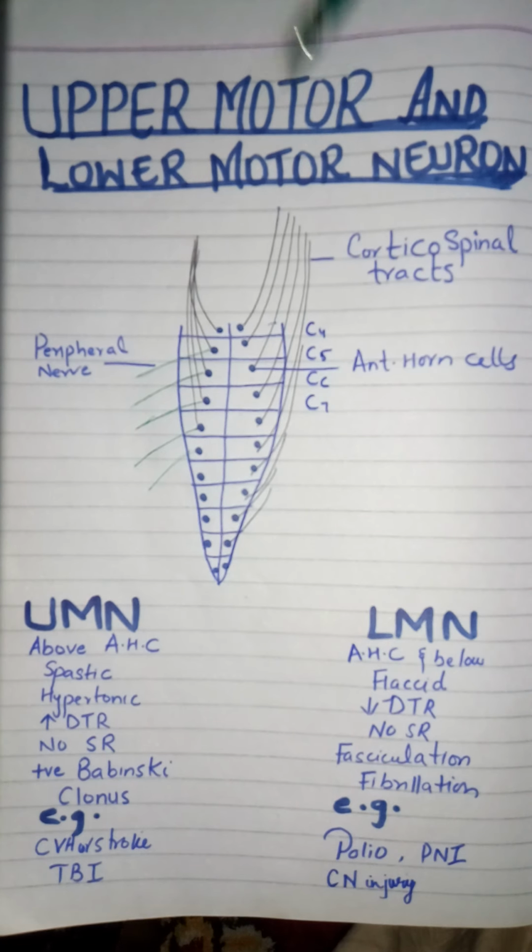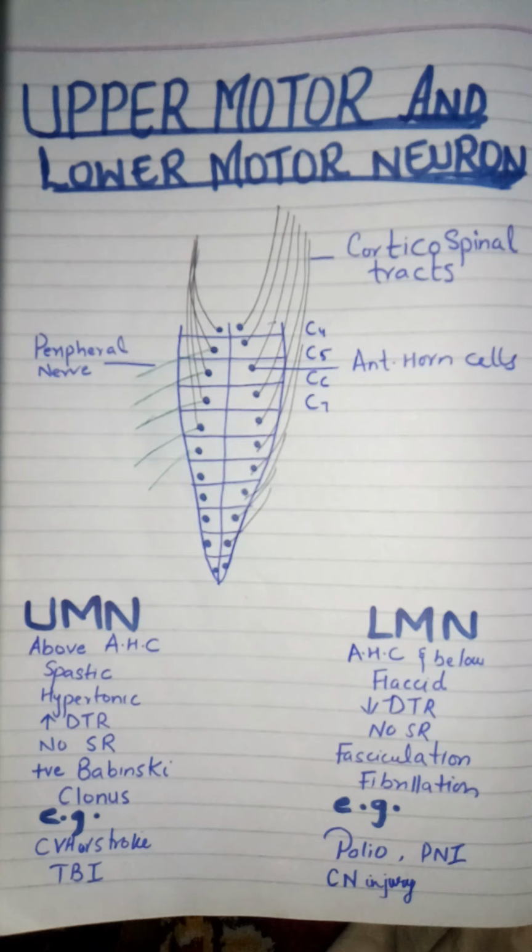So upper motor and lower motor. The name suggests that this is mostly related to the motor tracts. Motor tracts included in the descending tracts are pyramidal tracts, which include two types of tracts: corticospinal tracts and corticobulbar tracts. What I'm going to explain here will be applicable to both.